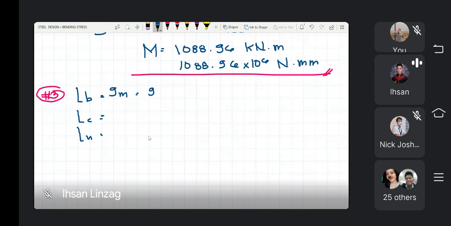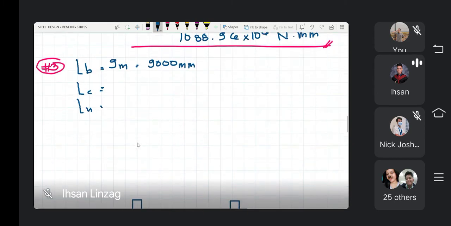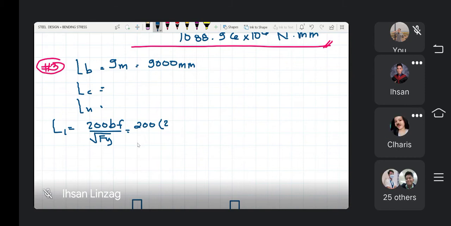The value of LC and LU depends on the value of L1 and L2. So we are going to get the value of L1 first. Ang L1 is 200 times the BF all over the square root of Fy. So we have 200. Ang ating flange width is, ilan yung flange width natin guys? 292.354.